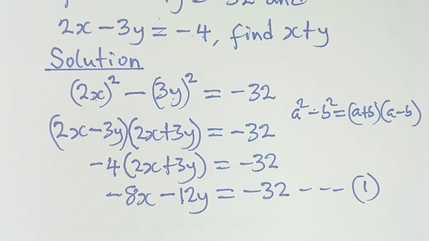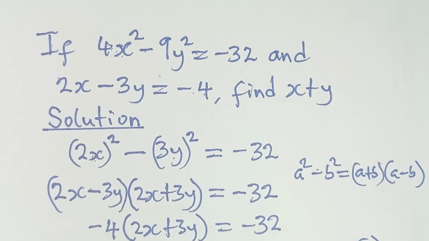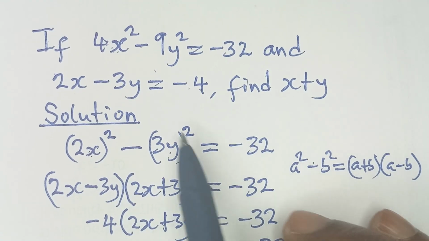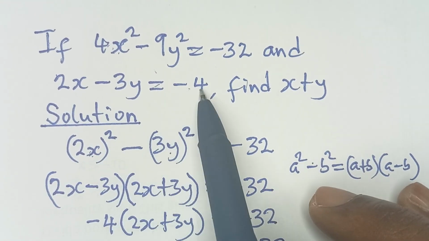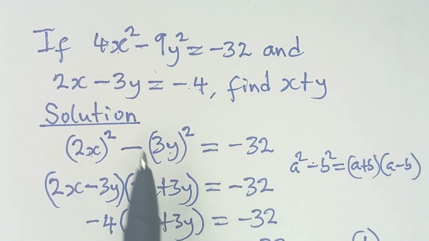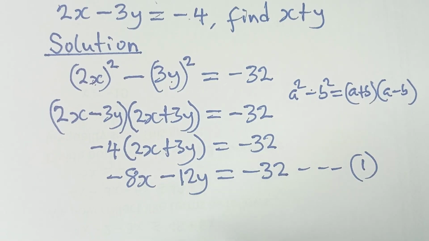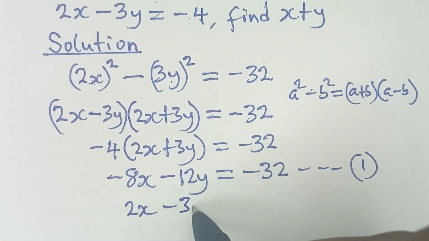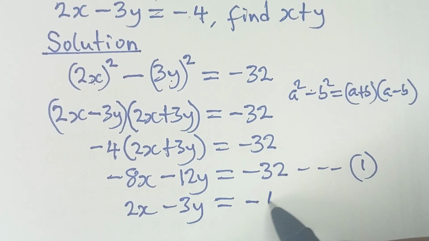And then now let's look at this equation that I want to use as equation 2. Now from the question, this is 2x minus 3y is equal to negative 4. I want to use this as my equation 2 so that I can write it as 2x minus 3y is equal to negative 4.